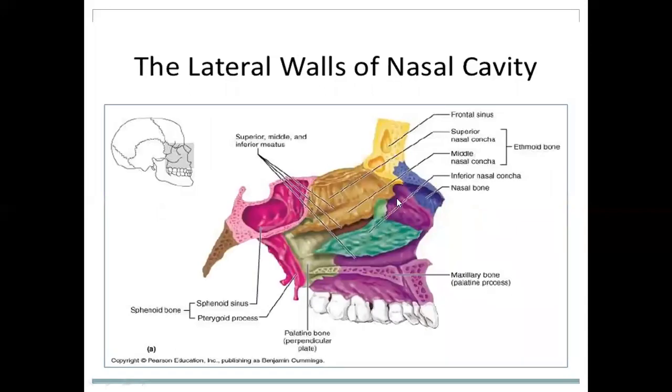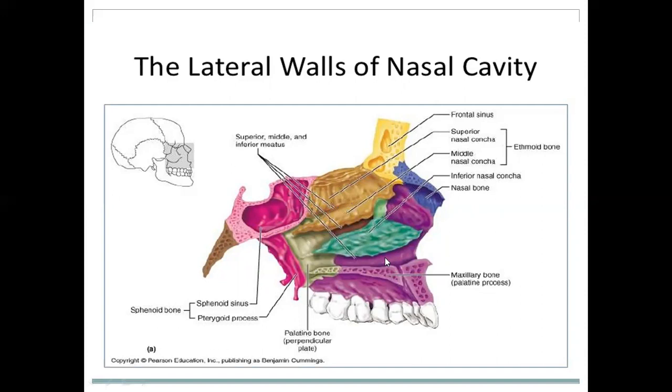So this is again the superior concha, the middle concha, and the inferior concha. This is the lateral wall of the nose, very important. The space below the superior concha is the superior meatus. The space below the middle concha is the middle meatus.